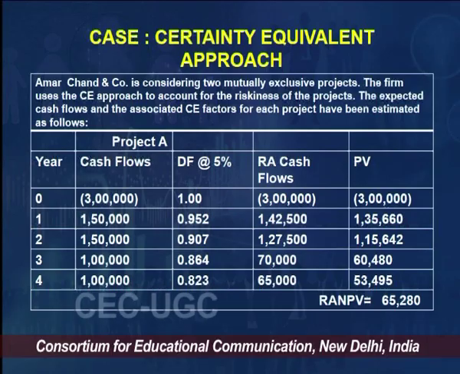Multiply the discount factor at the 5% cost of capital with the risk adjusted cash flows, column 3 and column 4 I am talking about at this moment.